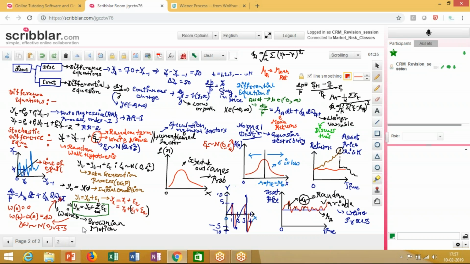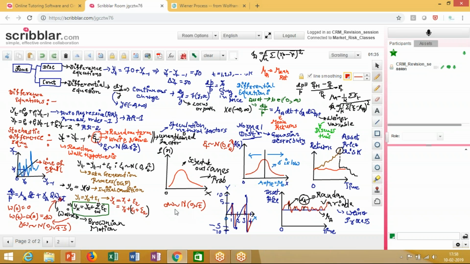Now s may be very small changes. Let's say s tends to 0, then dW over here will follow a normal distribution with a mean 0 and a standard deviation root t, because over here s will tend to 0.